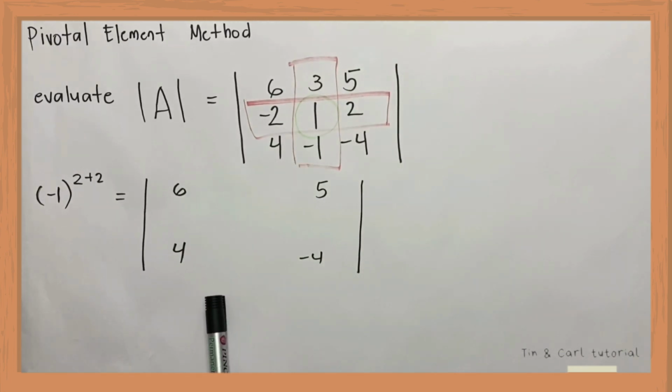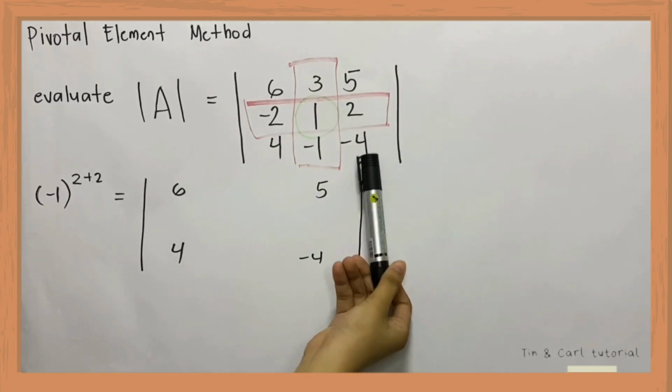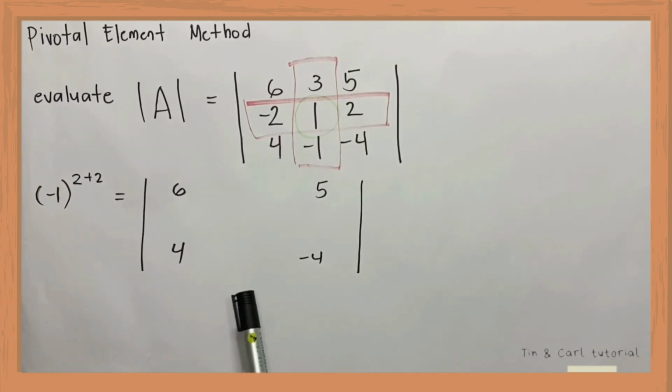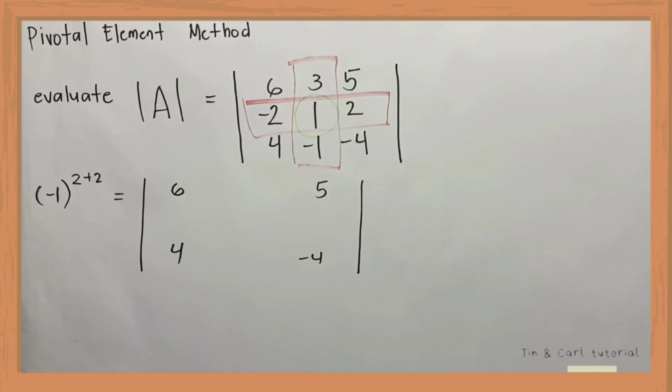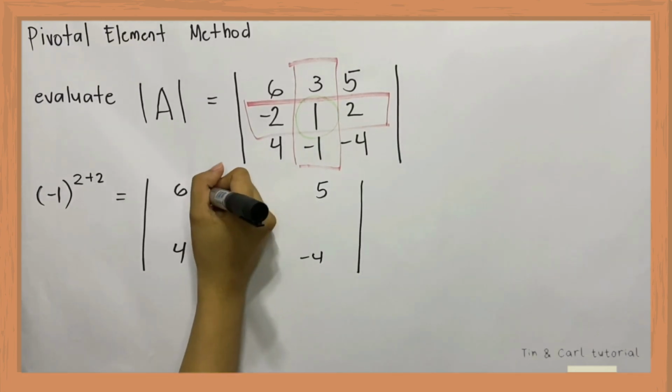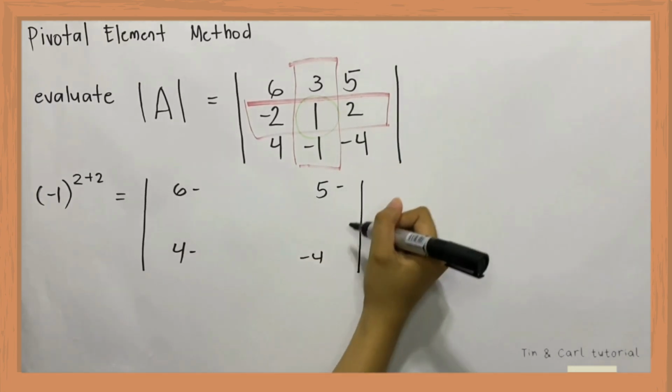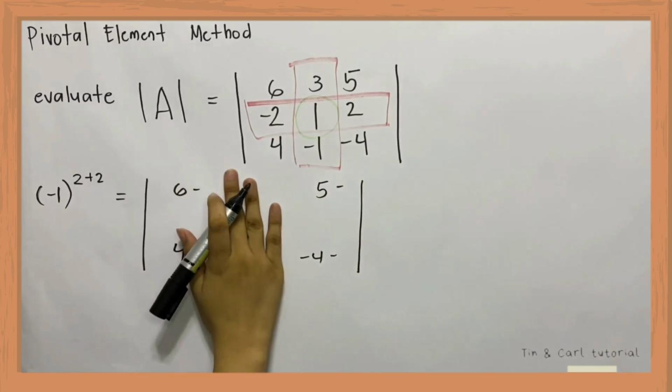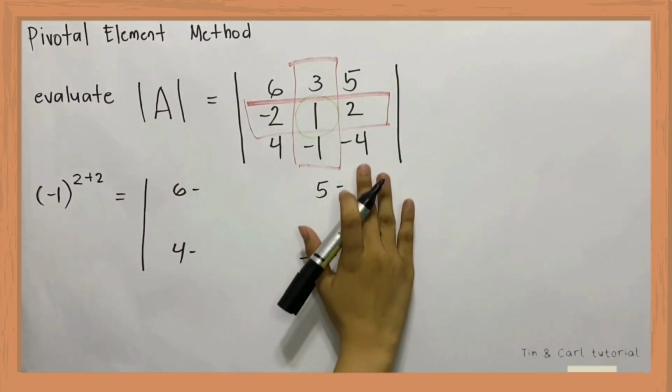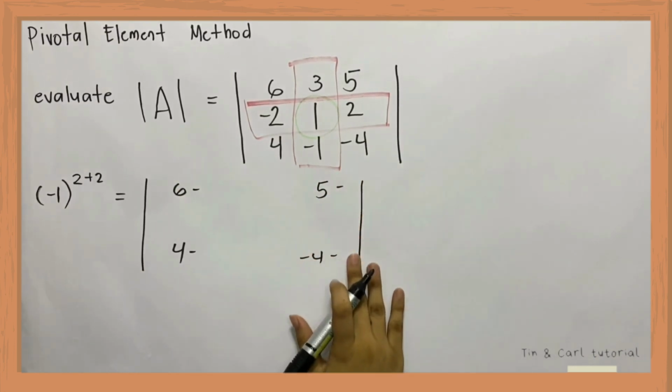As you can see here, from a 3x3 matrix, naging 2x2 na lang siya. After that, we're going to subtract from each remaining entry. So, magsasubtract tayo. Need natin ng space, so i-disregard na lang natin itong part na to.